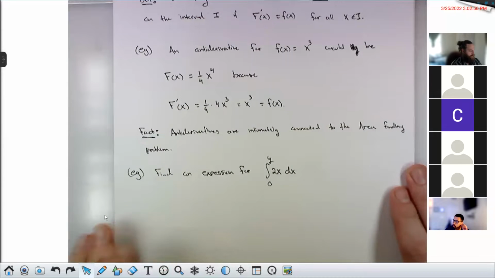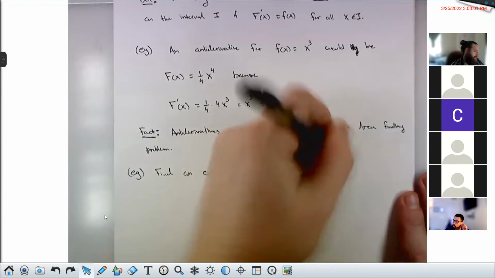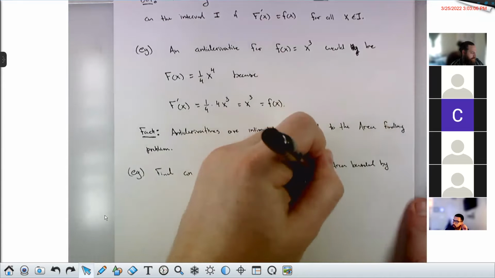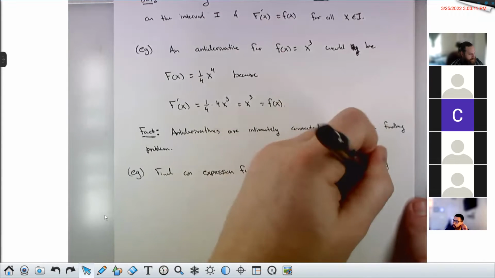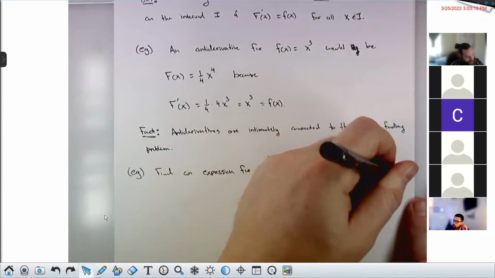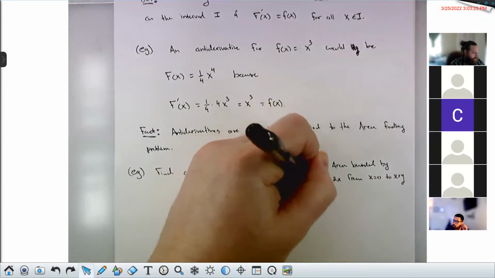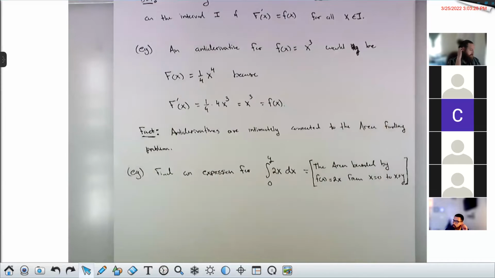So this is the area bounded by little f of x equals 2x from x equals 0 to x equals y. And I'm using a variable for the upper bound here, because we're going to see that when you think of this thing as a function of y, it becomes pretty neat.